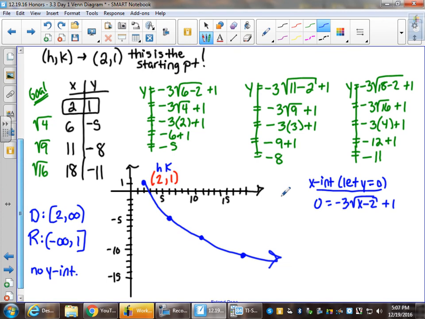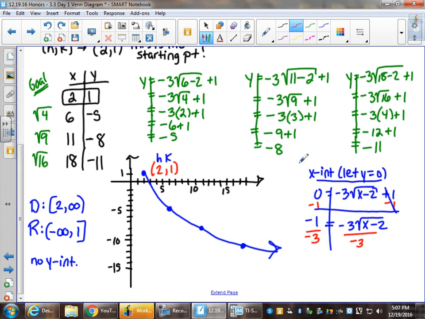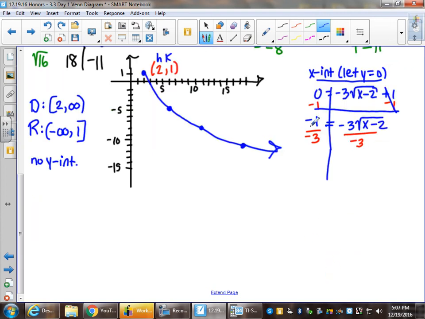And from our last section, we are expert solvers. So let's subtract 1 from both sides. Get -1 equals -3 times the square root of x minus 2. Divide both sides by -3. We're definitely going to work with decimals. I chose to hold off on decimals as long as I could, just so I didn't make any rounding mistakes, but maybe you turn this into 0.3333 and see how it goes.